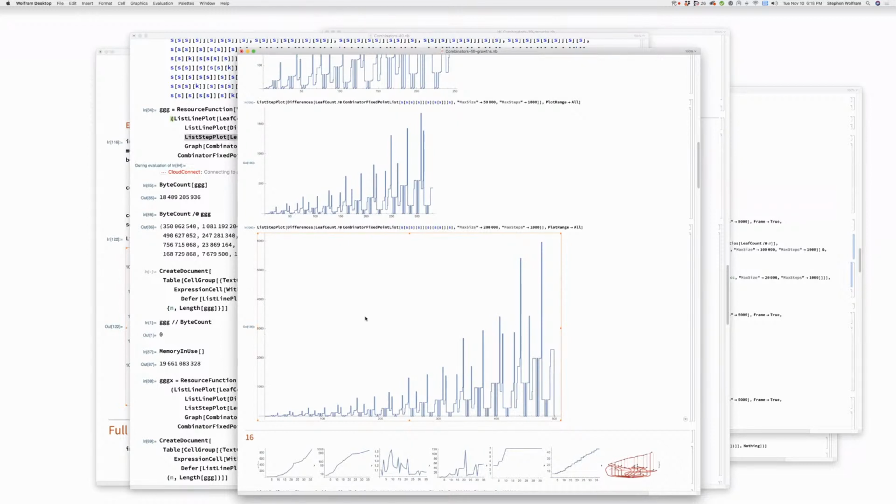See, sometimes there's an overall behavior, and then there's some detail beyond that.